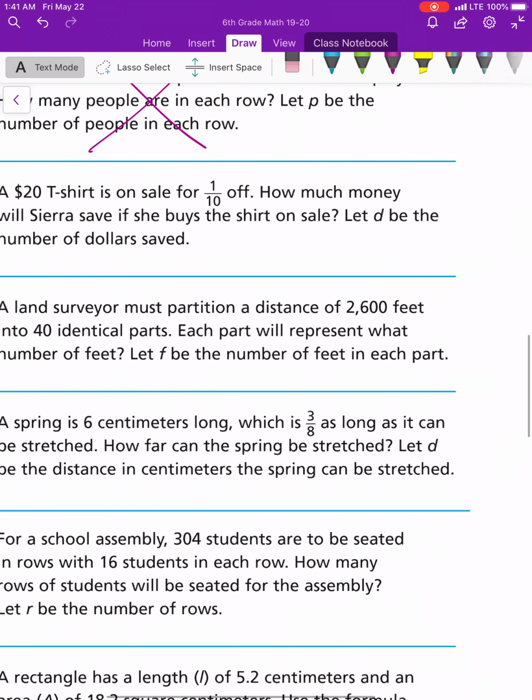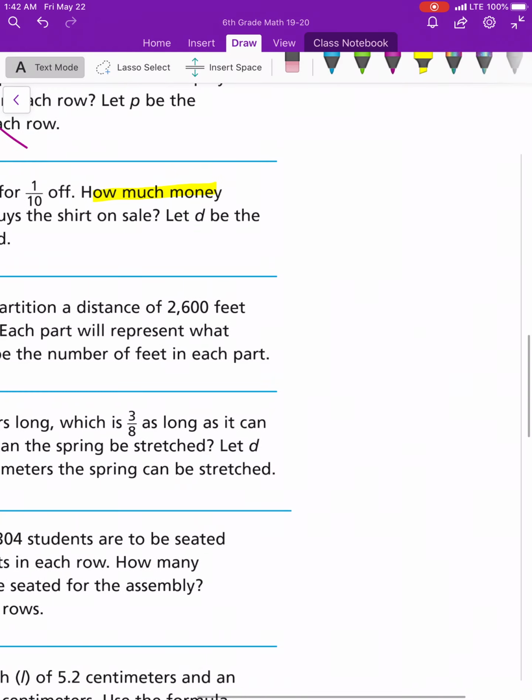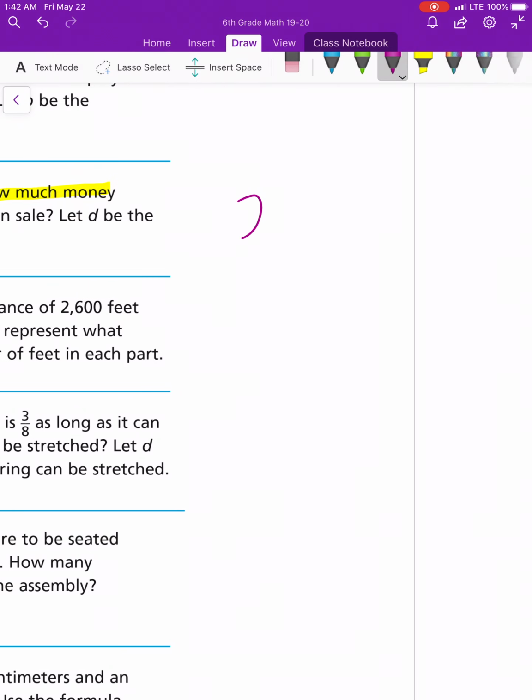Okay. A $20 t-shirt is on sale for 1/10 off. I'm going to highlight. How much money will Sierra save if she buys the sale shirt? Let D be the number of dollars. Okay, so it's a $20 shirt, and she gets this much off.